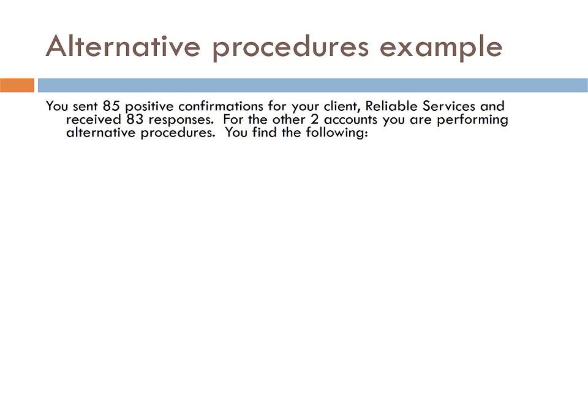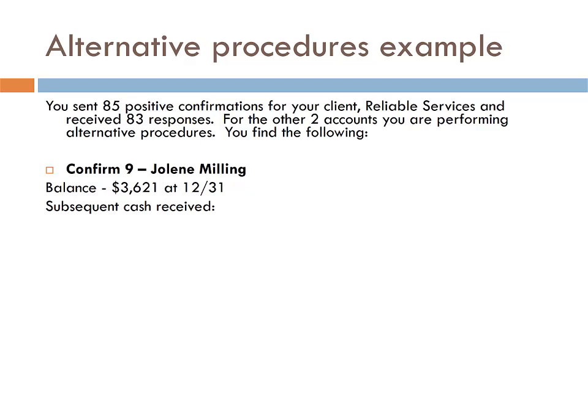And here's a good example of one of the issues with alternative procedures as well, just really quickly. So you send out 85 positive confirmations for your client, and you get 83 of them back. For the other two accounts, we didn't receive them back after second and third requests, so you do some subsequent or alternative procedures. One of the confirmations was to Jolene Milling, confirmation number 9, and the balance that we were trying to confirm was $3,621 as of 12/31.